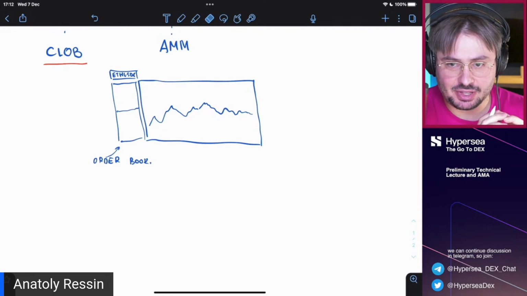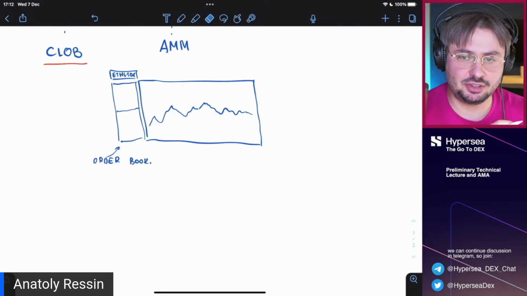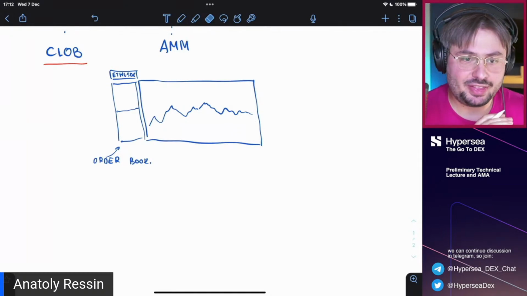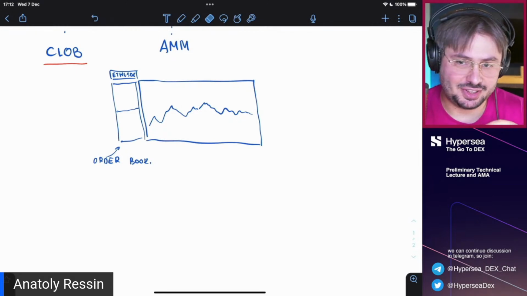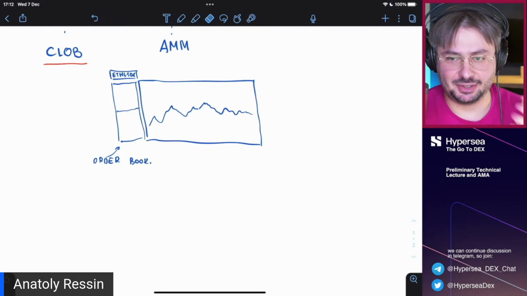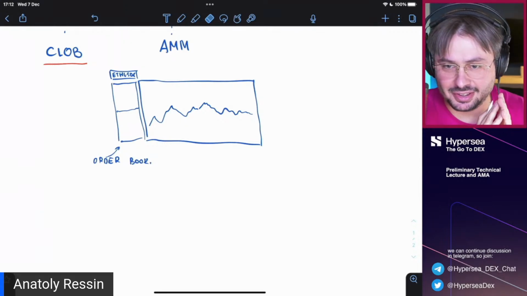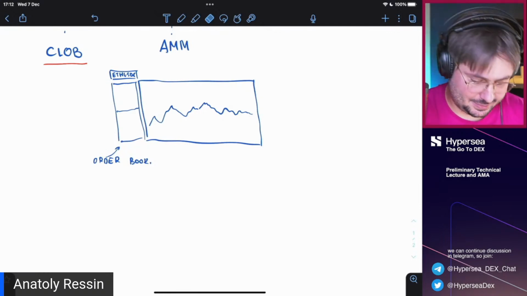So, for example, if you want to change Ethereum to USDC, whether you want to make it instantly, so to make a so-called market order, just to match the supply or the demand.